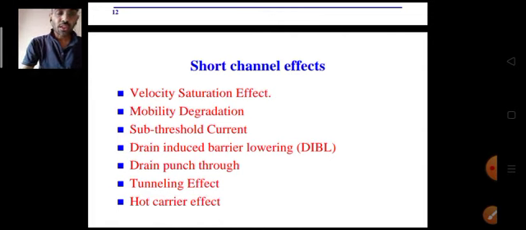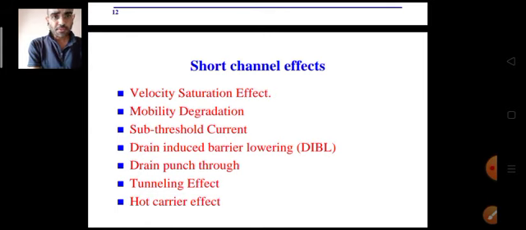But when you go to the smaller level, let's say at 11 nanometer or 7 nanometer, the drain and source regions come very close to each other, and the devices are also in very near proximity.